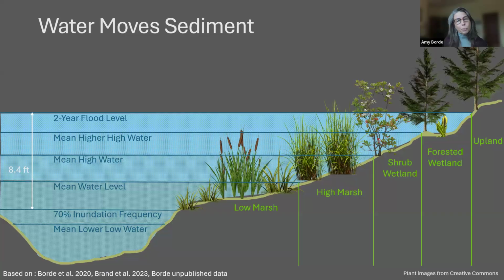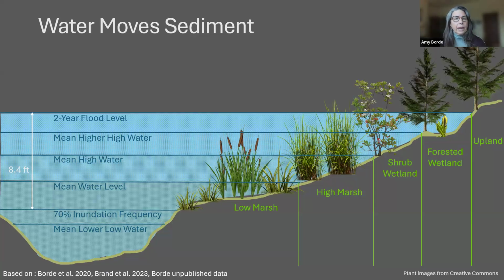So I'm going to talk just briefly about how water moves sediment. You might recognize this is the same plot I showed earlier about how water affects plant communities. Well, it also really dictates the accretion rates that we see in these areas.